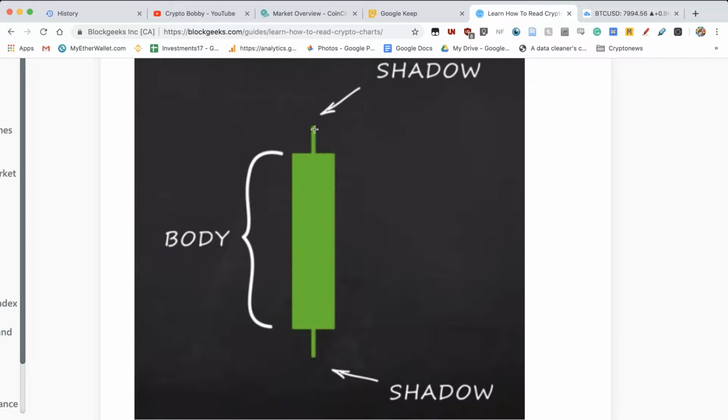Now these wicks represent price movements in that hour. So for example, after half an hour, it's possible that the price went up to the half and then fell down to the lowest part of this shadow and then went back up again. And the same with the top part of the shadow.